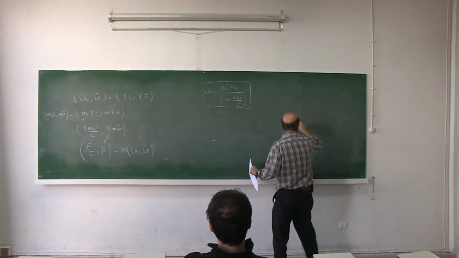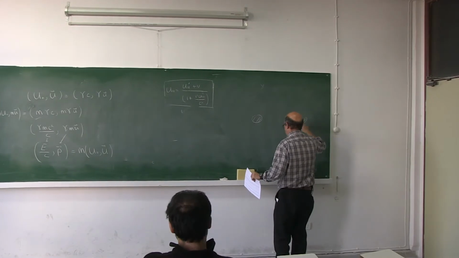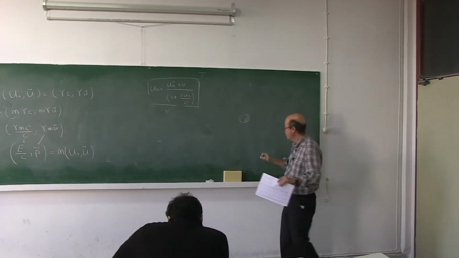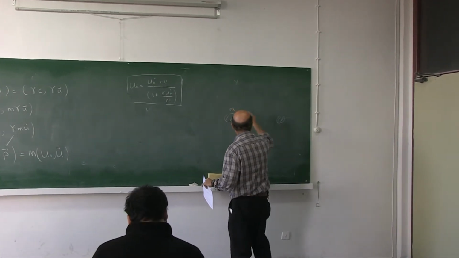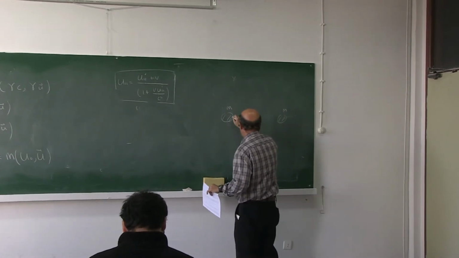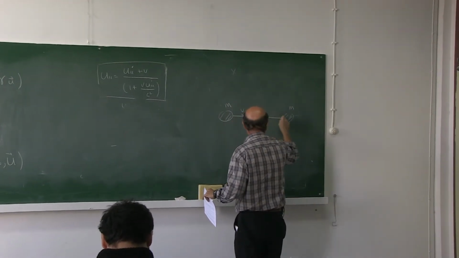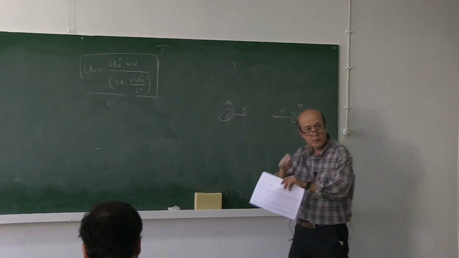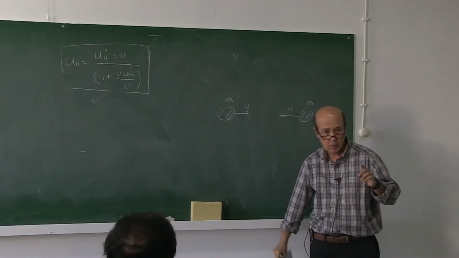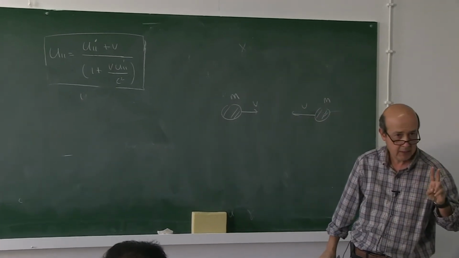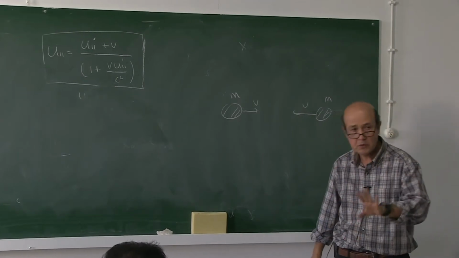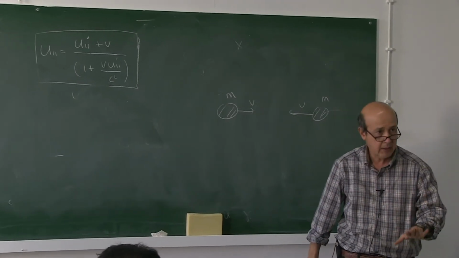Two identical particles, mass m and mass m, are moving with the same velocity. They will collide. You will conserve the energy and momentum.